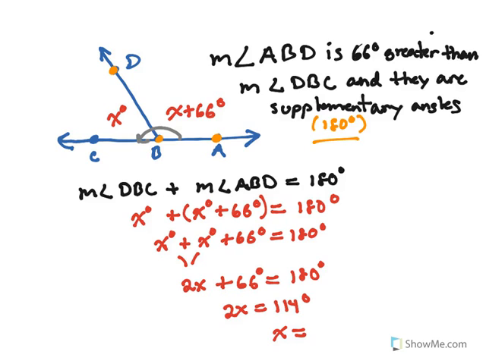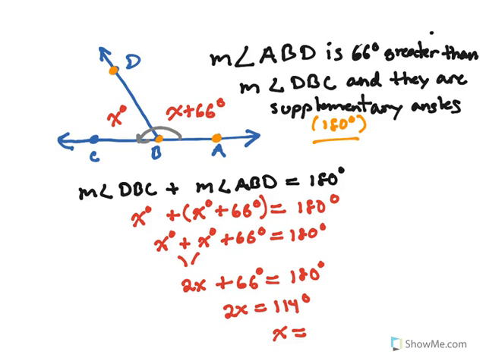So since I labeled angle DBC as X, and angle ABD is 66 degrees more than X, it's just X plus 66. It's not 66 plus X because it's more than. But in this case, it's not going to change. It's X plus 66, and that must equal 180 degrees.